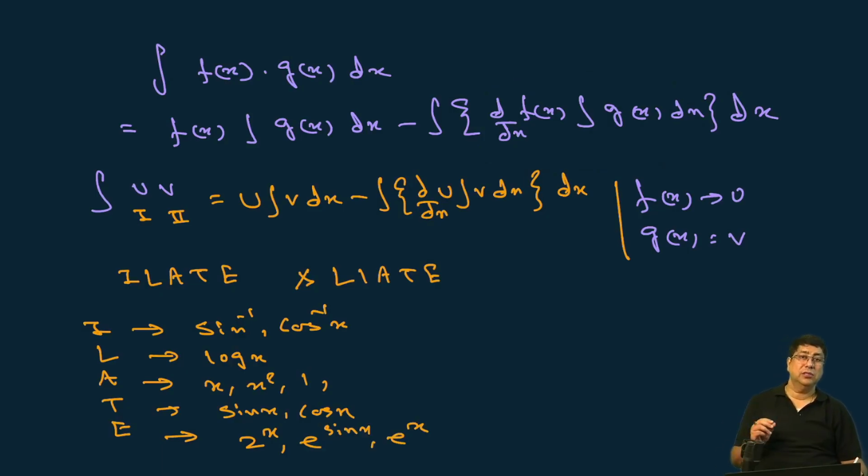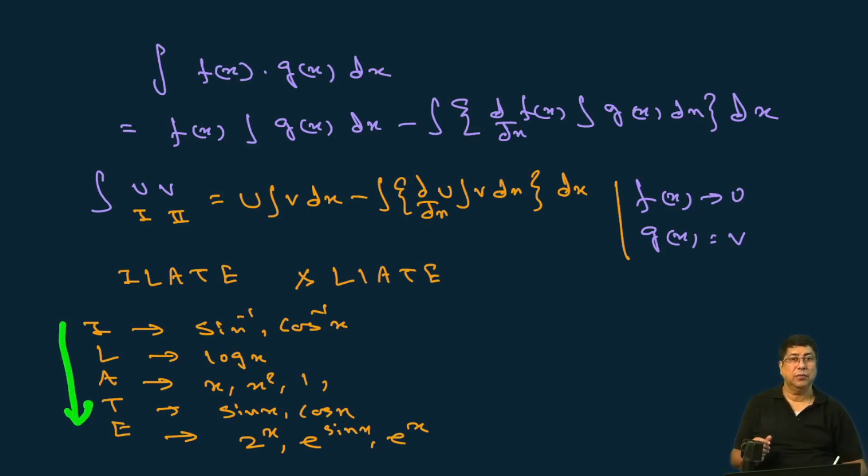In this case, we'll select u as the first function, the one which is above in the list of the 5 functions. Why? As you go downward, the functions are better integrable.